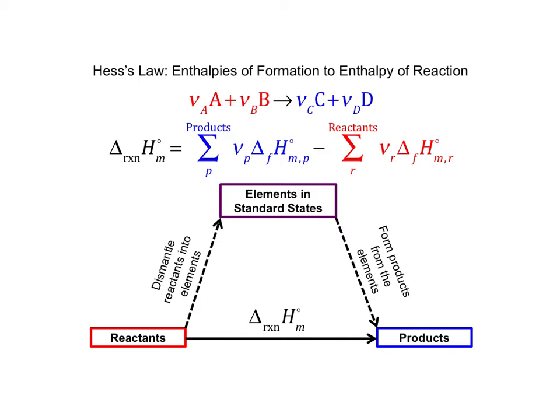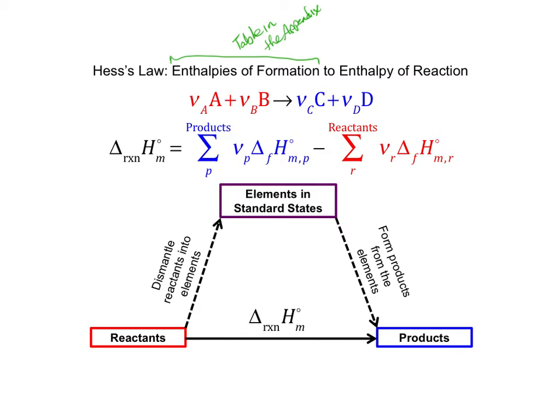Okay, so now, how do we relate enthalpies of formation, that are given to us in a table in the appendix? How do we use those to get to useful things, real things like the enthalpy of reaction?